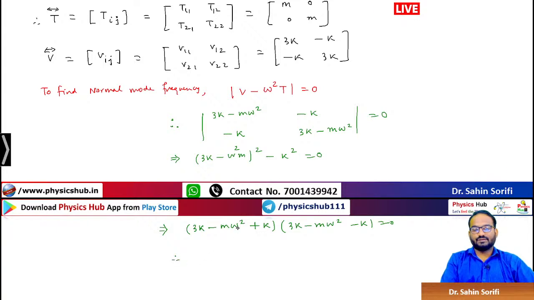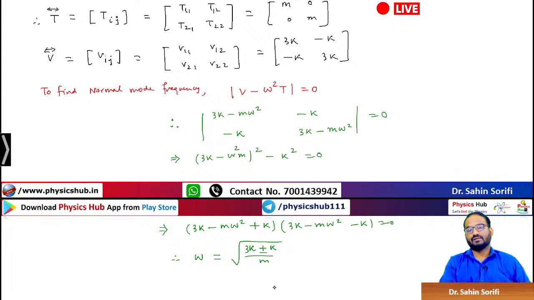Therefore, you see, if you take this one, you will get omega equals root over (3k plus k) by m, and if you take this one, (3k minus k) by m, so you can write it in this way, 3k plus minus k by m. So this will give you the normal mode frequencies.